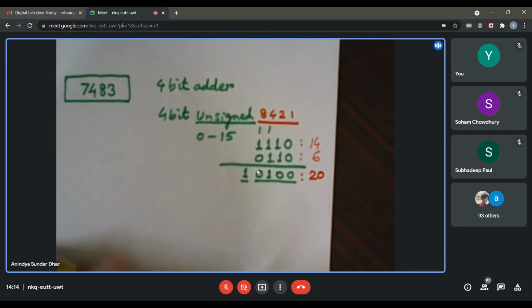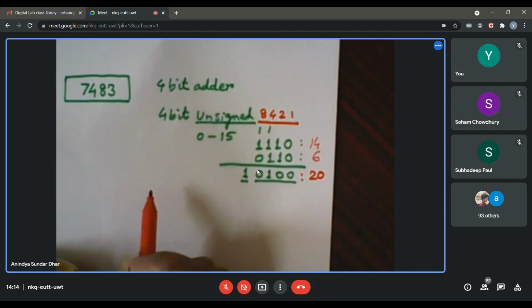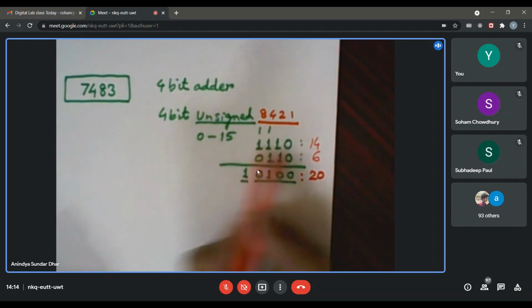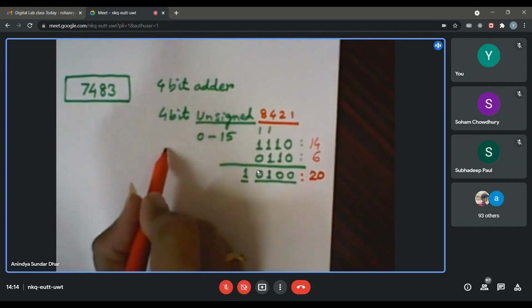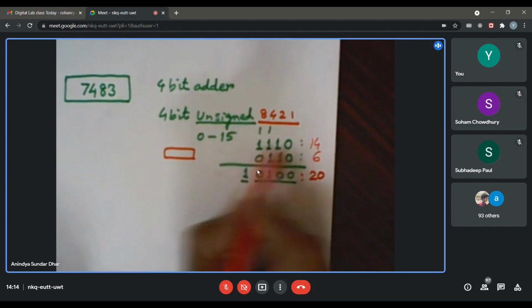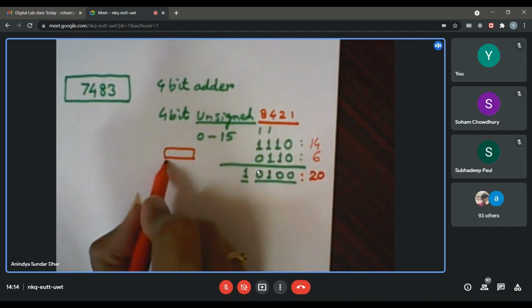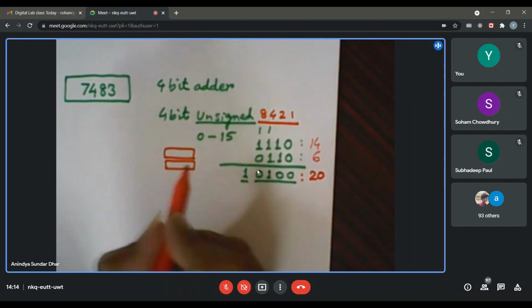Now it may so happen that suppose you want to add two 8-bit numbers. Rather than 4-bit, suppose I have written one 4-bit chunk, say this 1110 or whatever, and below that something I am writing, but that is just a 4-bit number.